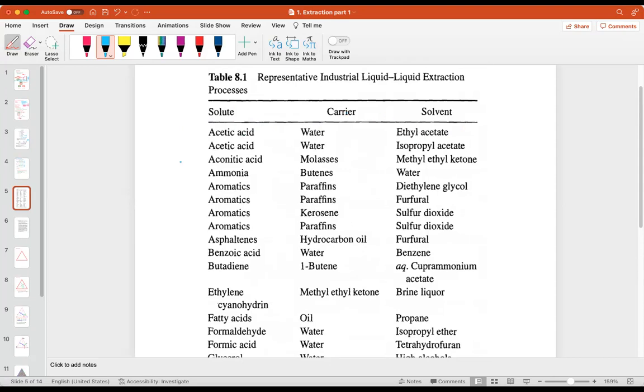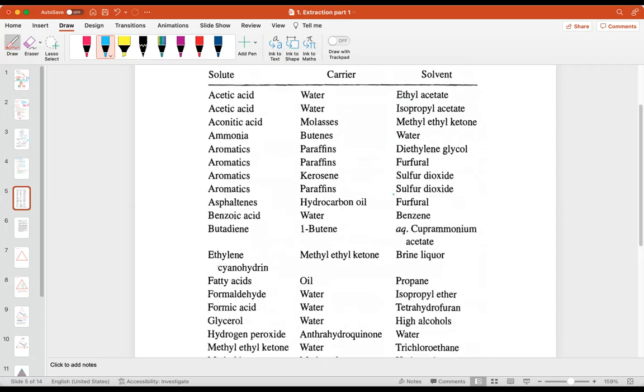Another one: if you have ammonia in butane, we contact it with water. Another one: if you have aromatics in paraffin, it can be contacted with a solvent like ethylene glycol and sulfolane and so on.